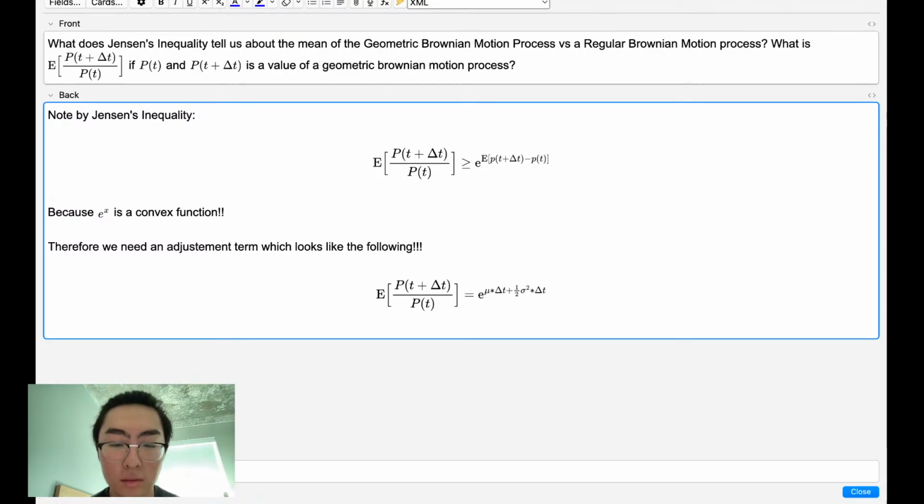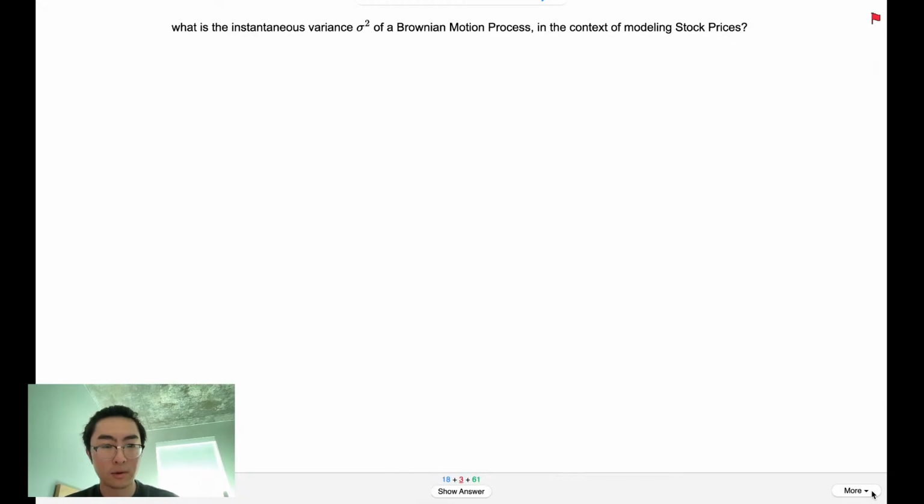It's just u times delta t. Well, we have to add this 1/2 sigma squared to the expectation of our geometric Brownian motion process. What is instantaneous variance? Instantaneous variance.